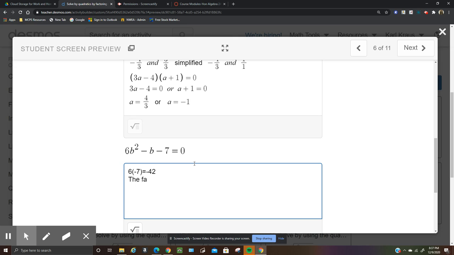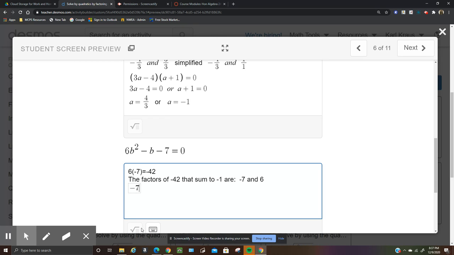The factors, so there's a negative 1 in front of the b, so you want the factors of negative 42 that sum to negative 1 are negative 7 and 6. I'm going to take each of those numbers and divide by 6, and then simplify if you can.